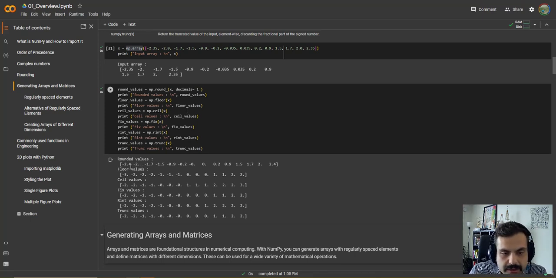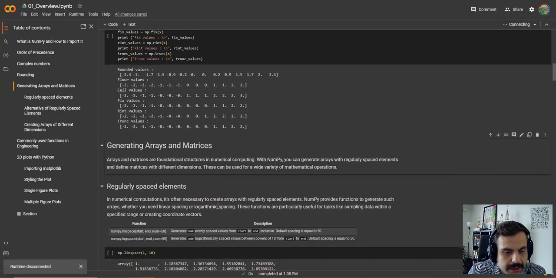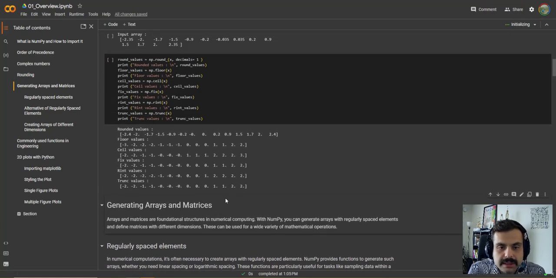For rounded values, as you can see, it goes to 1 decimal point, as I've asked, and the floor goes to the floor, ceiling goes to the ceiling, fix towards 0, and so on. So this tool is essential for us.